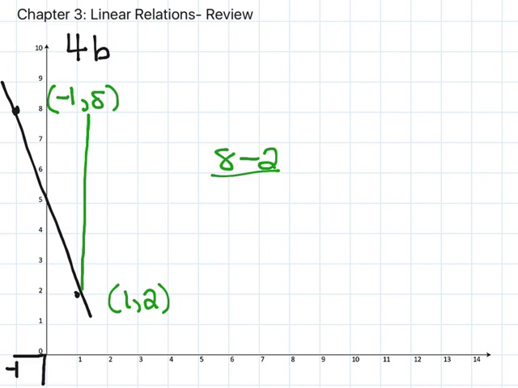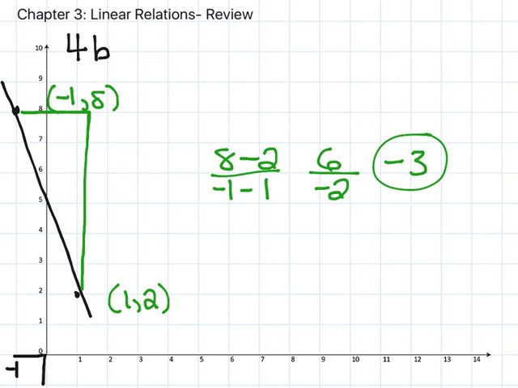And then for the run, we're going from -1 over to 1. So 8 minus 2 is 6, -1 minus 1 is -2, so you end up with -3 as your slope.